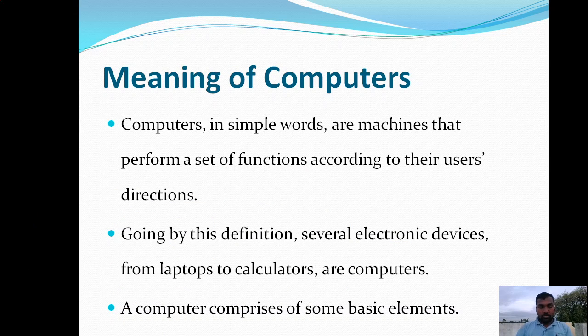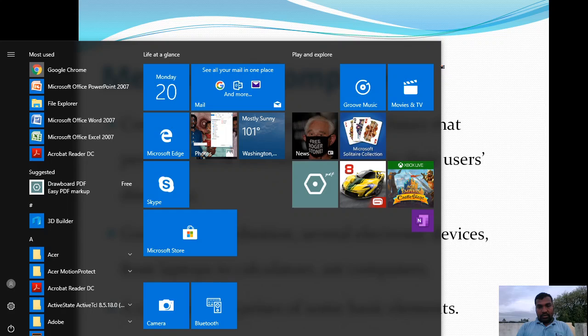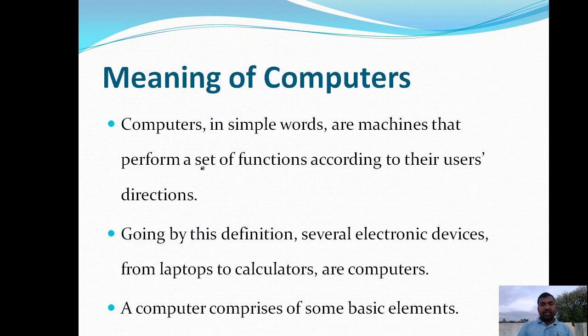Now, the meaning of a computer. First of all, we need to know what a computer is. In simple words, computers are machines that perform a set of functions according to their user's direction.